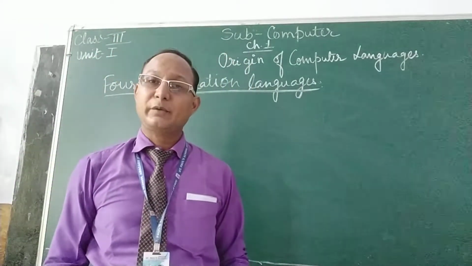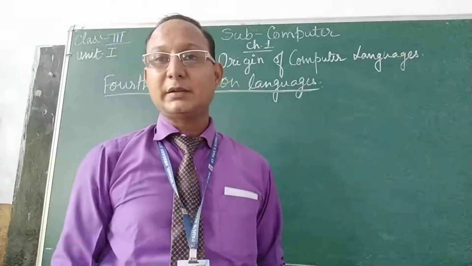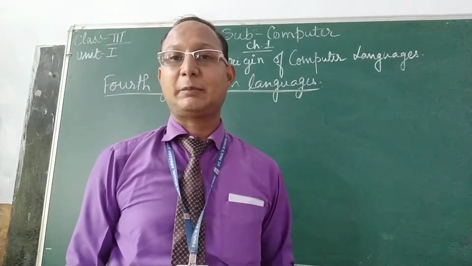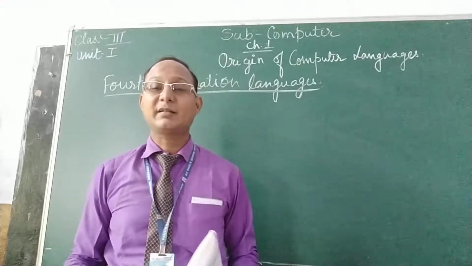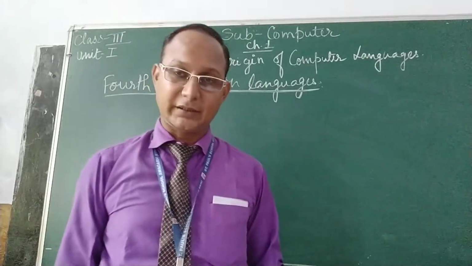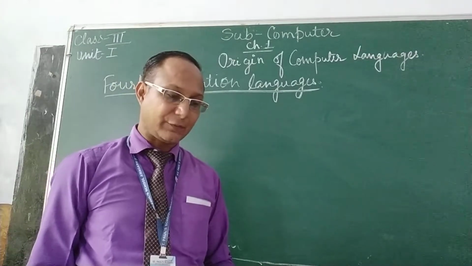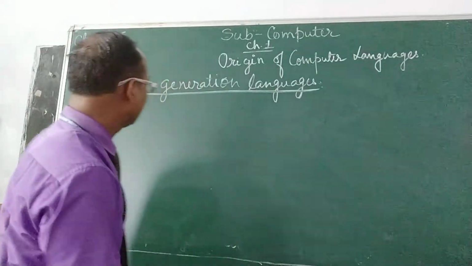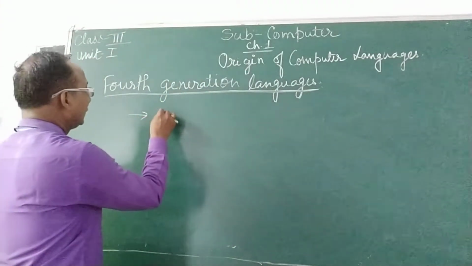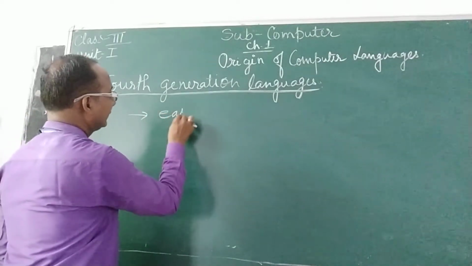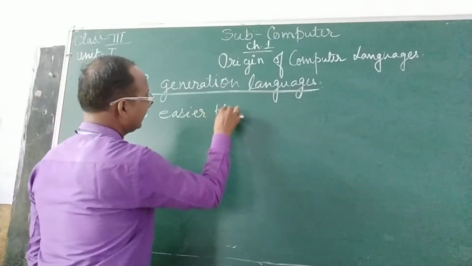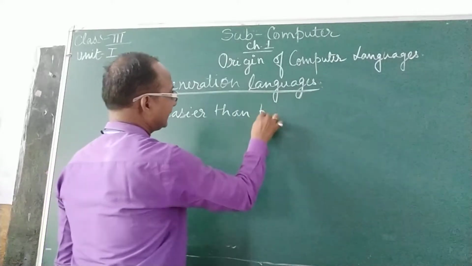Fourth generation language, this type of language consists of human-like statements. They are using English statements in their language in this generation. This generation provides a user-friendly platform. First, in this language, they are easier than the previous generation.